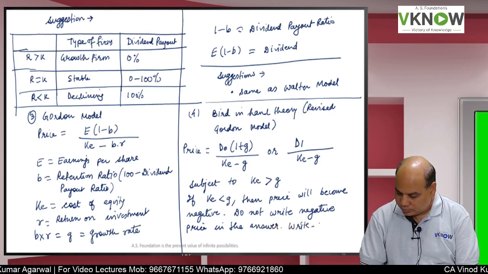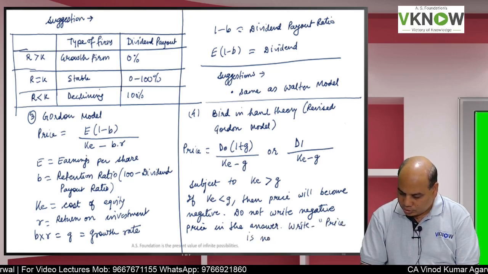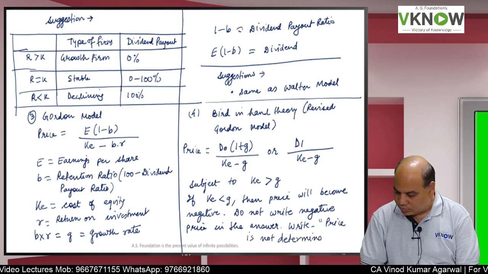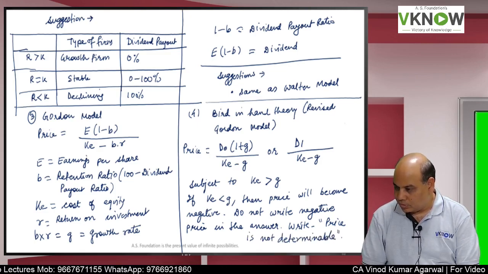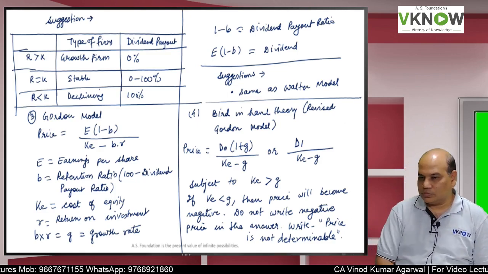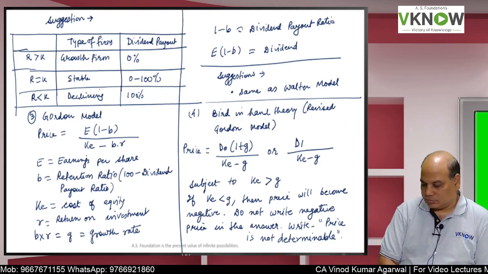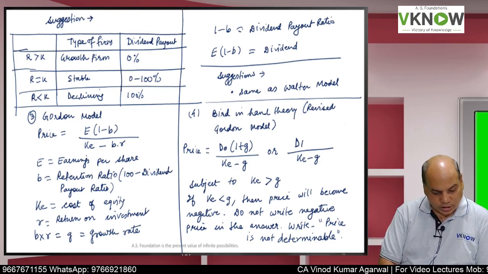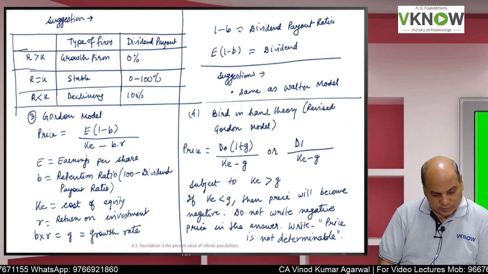Write, price is not determinable. Right? Price is not determinable. That is called bird in hand theory. Is it right?